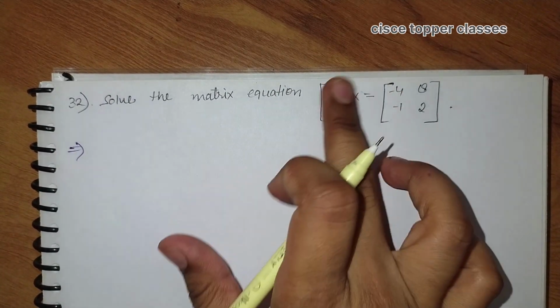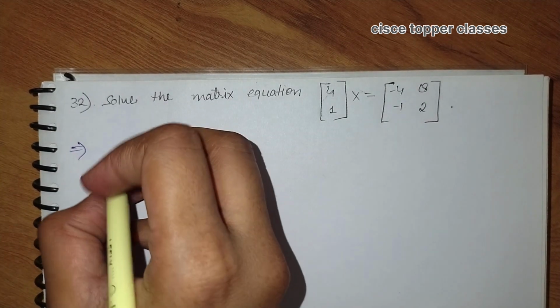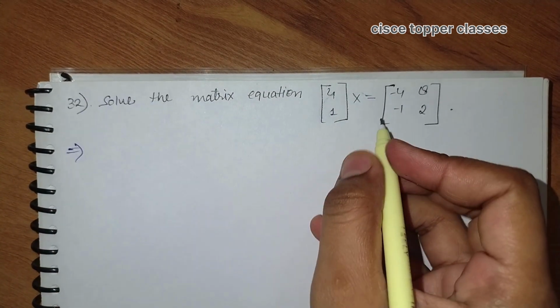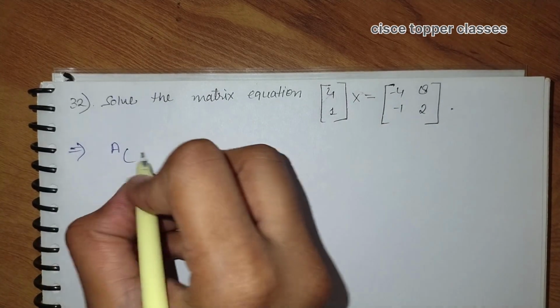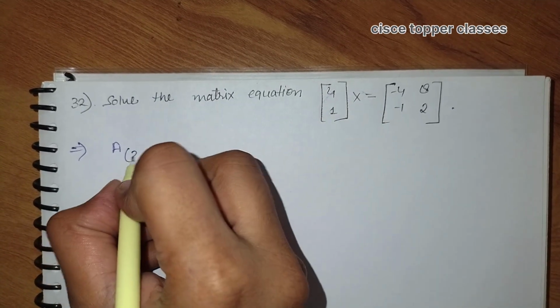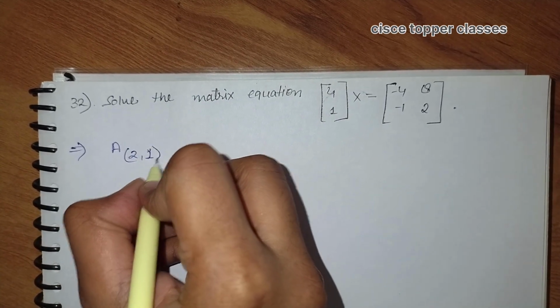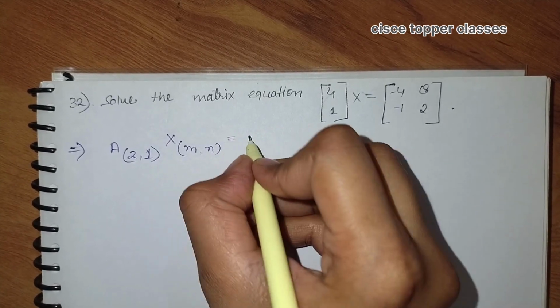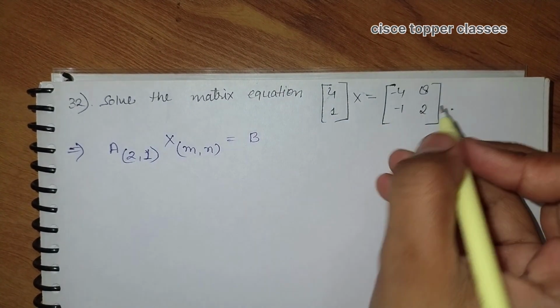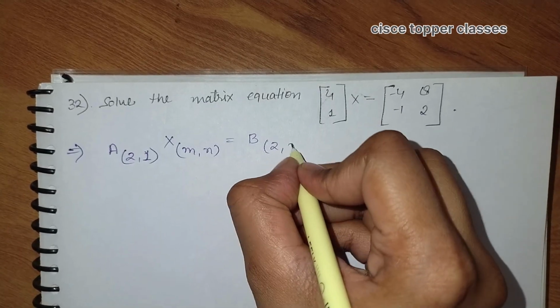So here we have to find the value of matrix X. First, matrix A is of order 2, 1, means 2 rows and 1 column. Let matrix X be of order M, N, and the matrix B, which is obtained on multiplying, is of order 2, 2.